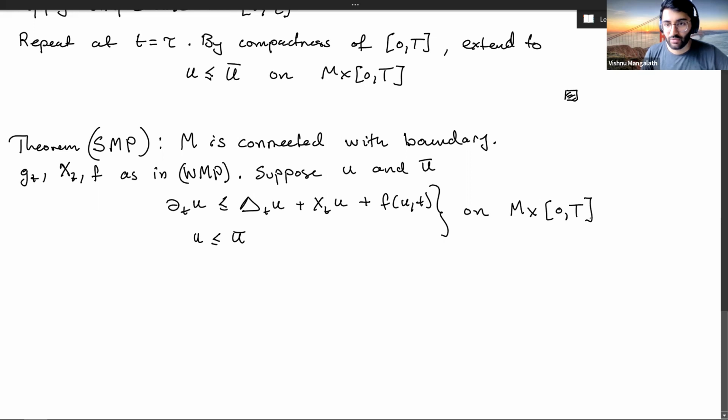So you are assuming the conclusion of the weak maximum principle. And again, you have partial t u bar greater than or equal to f of u bar comma t.